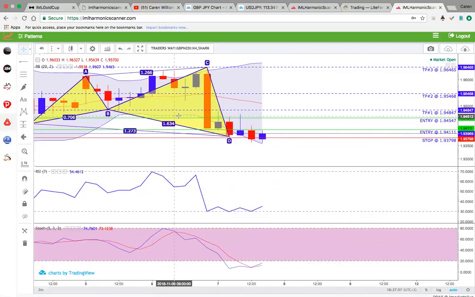This is even on a 4-hour time frame, but let us not focus too much that this is on a 4-hour. Let us imagine that this is the 1-hour time frame. I just want to show you guys how the confirmations look, right?